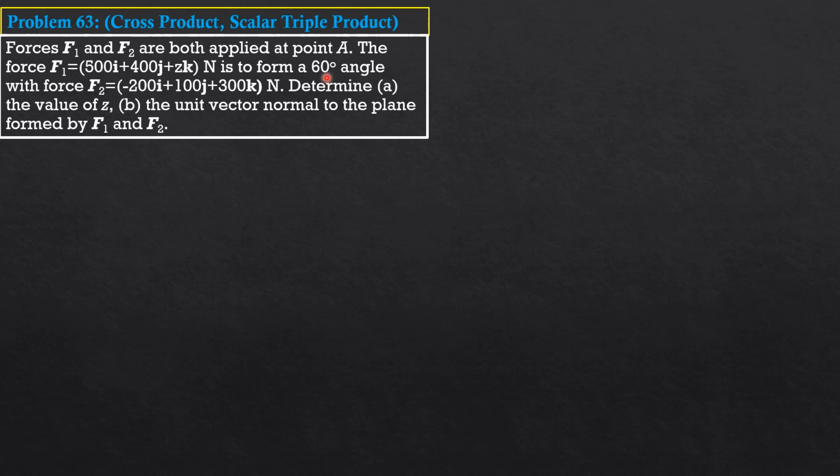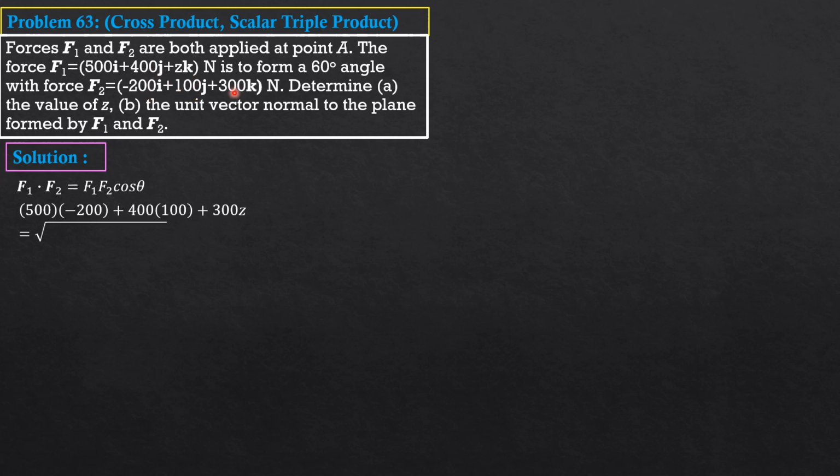We apply the dot product, F1 dot F2 or F2 dot F1, that's the same. So it is magnitude of F1, magnitude of F2, cosine of the angle between them, which I call theta. F1 is given by this times F2, so 500 times negative 200 in the expansion plus 400 times 100 plus Z times 300 or 300Z equals magnitude of F1, square root of 500 squared plus 400 squared plus Z squared, times magnitude of F2, square root of 200 squared plus 100 squared plus 300 squared, times cosine of 60 degrees.